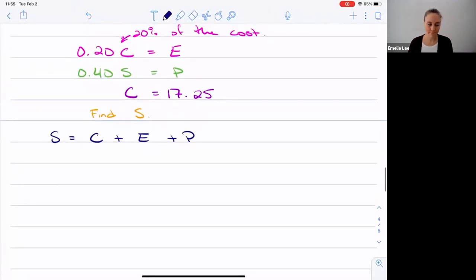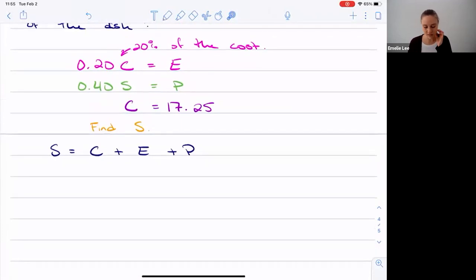Okay. So I know C, but for now, only because it's appearing twice, I'm going to keep it as C just for a little bit longer, okay? And then I'm going to replace E and P because those are the weird ones that I have here.